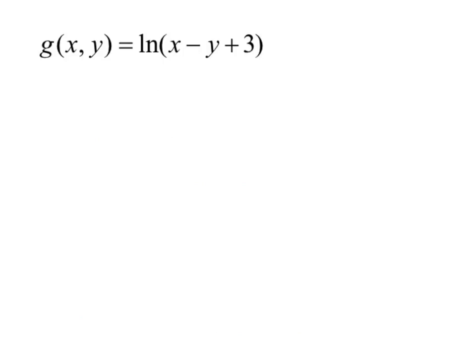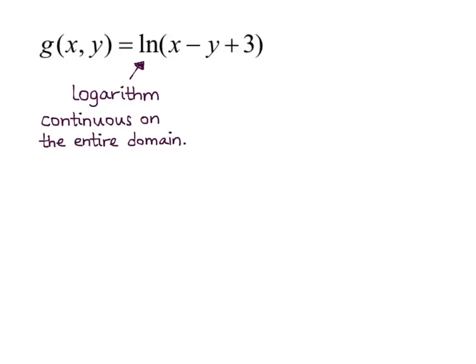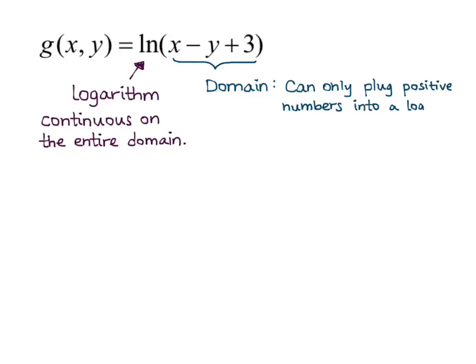Alright, our next example, g of x, y equals natural log of x minus y plus 3. So we know that this is a logarithm, and it's continuous on the entire domain. And we get the domain from what's plugged in. So our domain, we can only plug positive numbers into a logarithm.